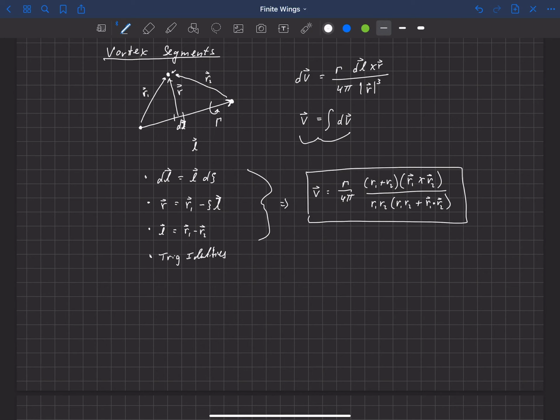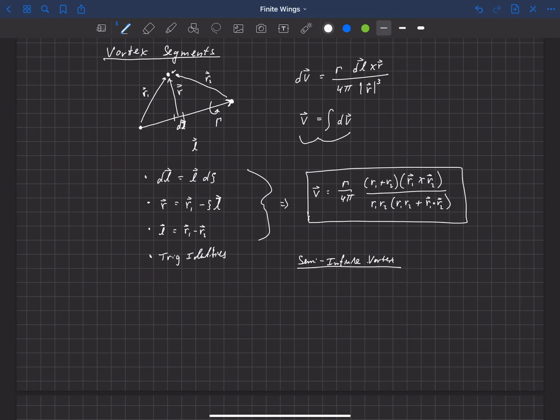Another really useful form of this equation is what we get in the limit as r2 approaches infinity. We're going to call this a semi-infinite vortex segment.